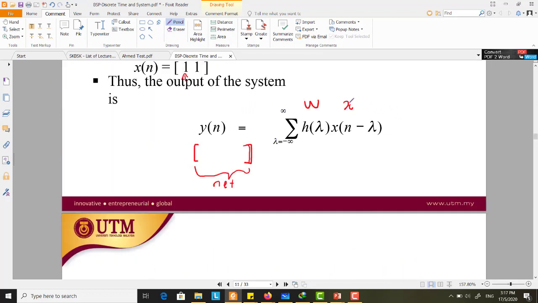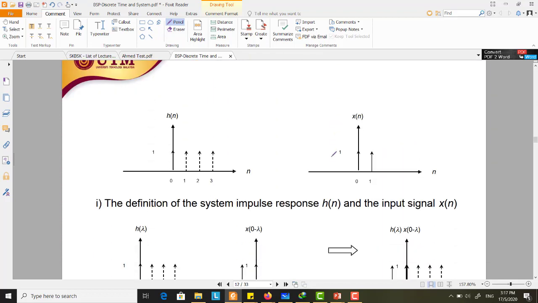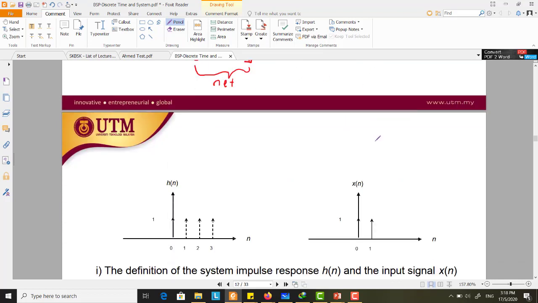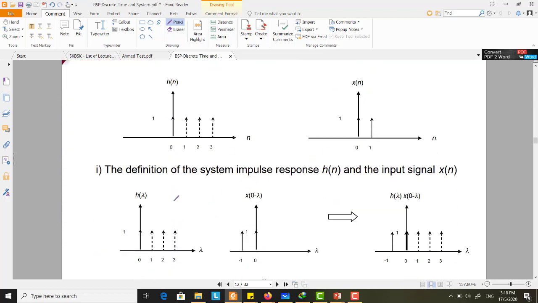To compute this equation, even if you don't understand it, first you need to flip your x[n]. If you flip with respect to the y-axis, then your x[n] becomes this entity, which has gone to the other side.